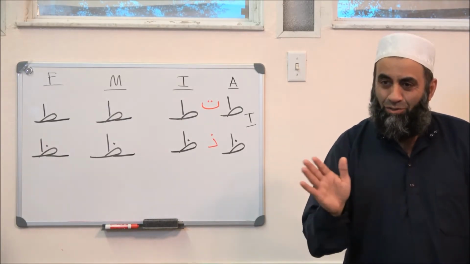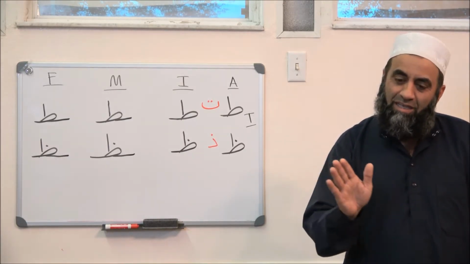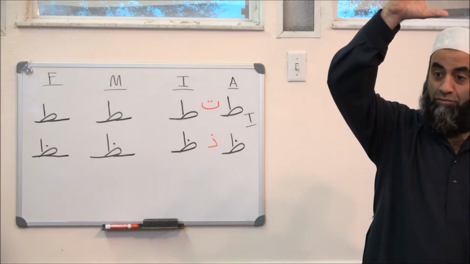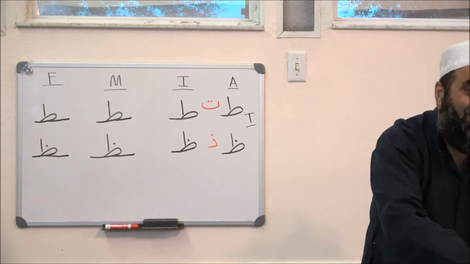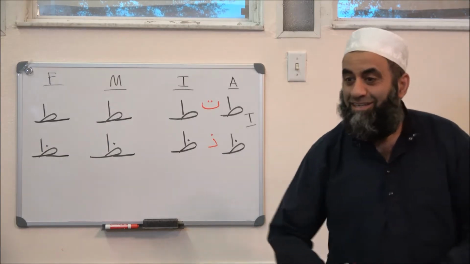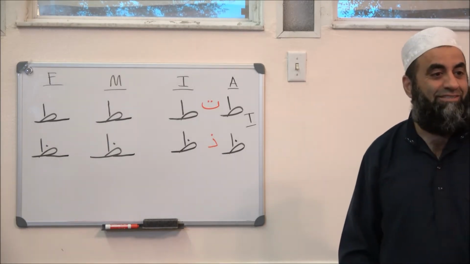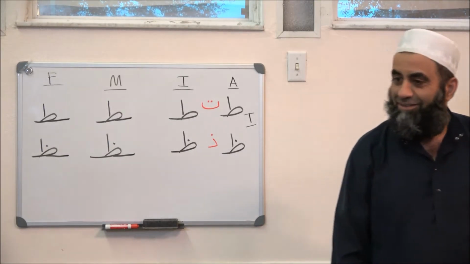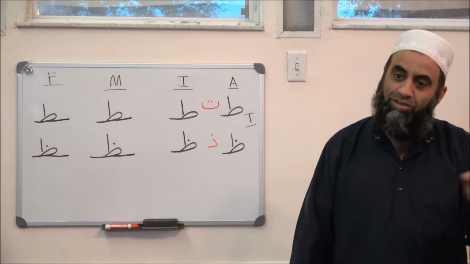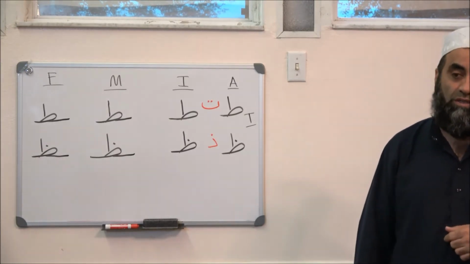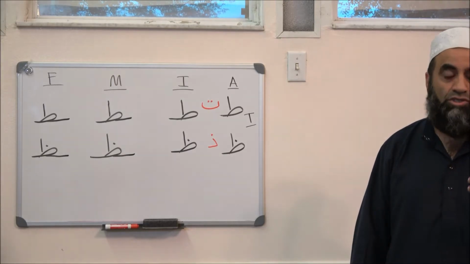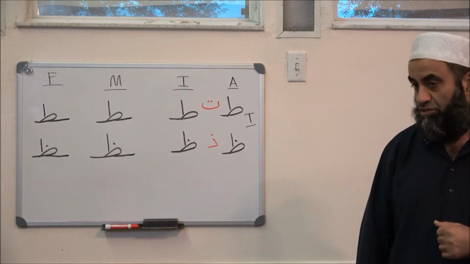So in the Quran, you are reciting sometimes delicate, then you go up for the big one, then you go down for the delicate one. It sounds like what do you call these things? Roller coaster. Yeah, you go up and down like this. So this is a great part of tajweed. Once you master that, inshallah, your tajweed becomes much easier.